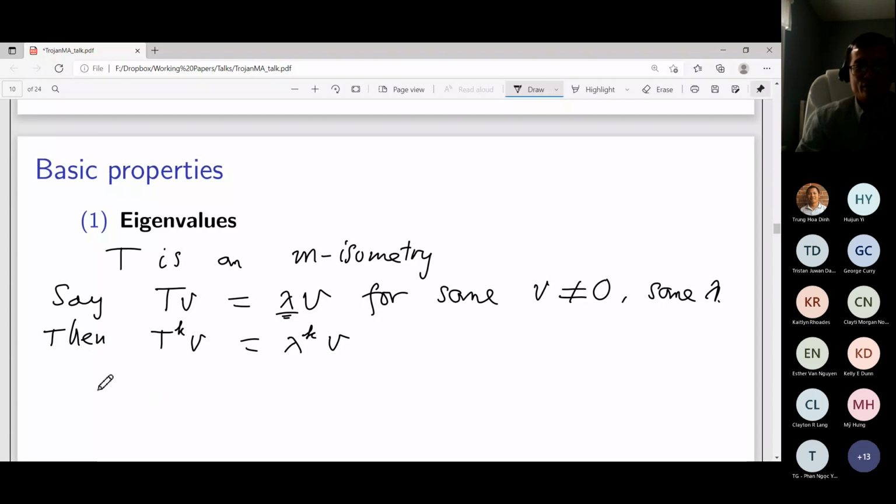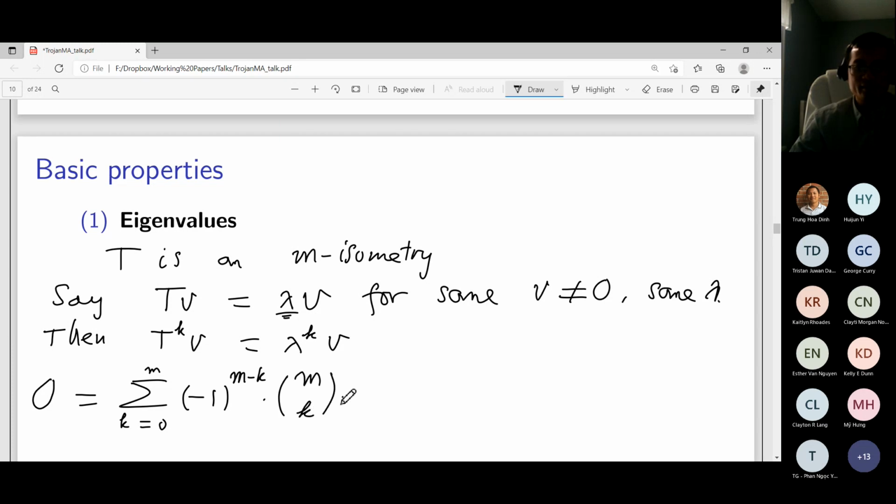Then if we plug into the equation for m-isometry, remember m-isometry means that the sum here, k from 0 to m of the alternating sum, m minus k, and then the binomial coefficient m choose k, and the norm of T to the k V squared, should be 0.